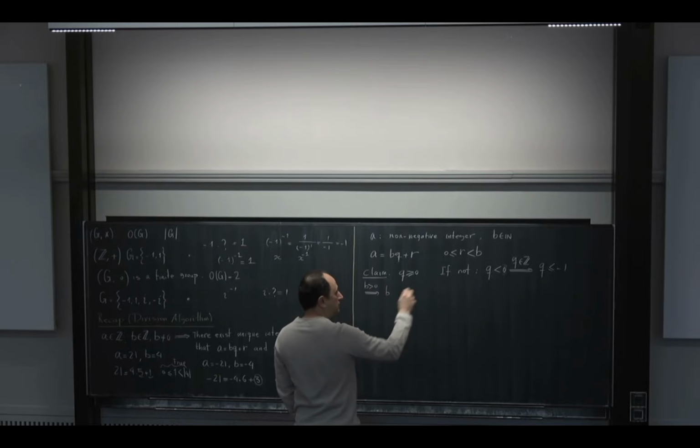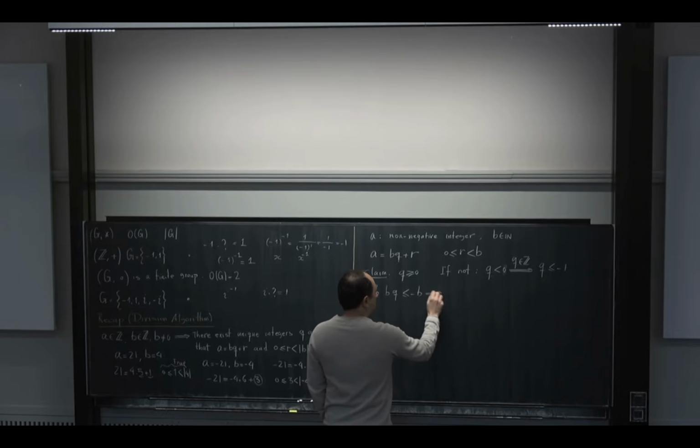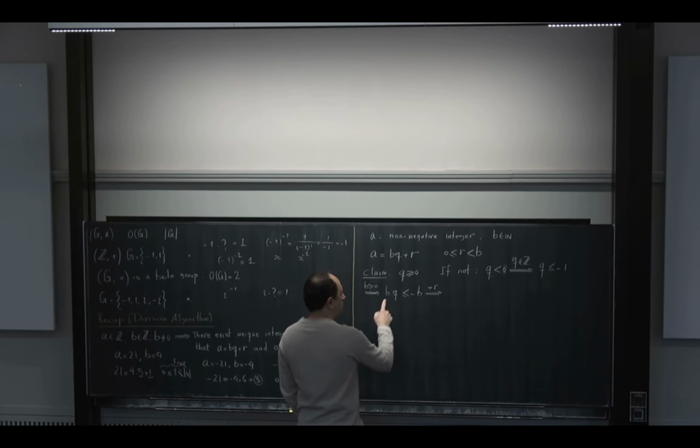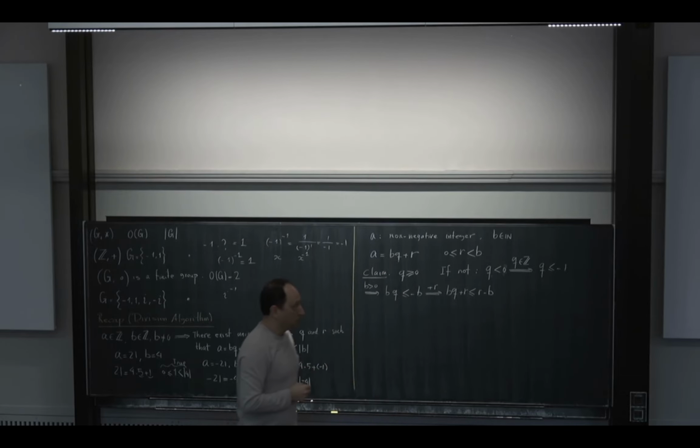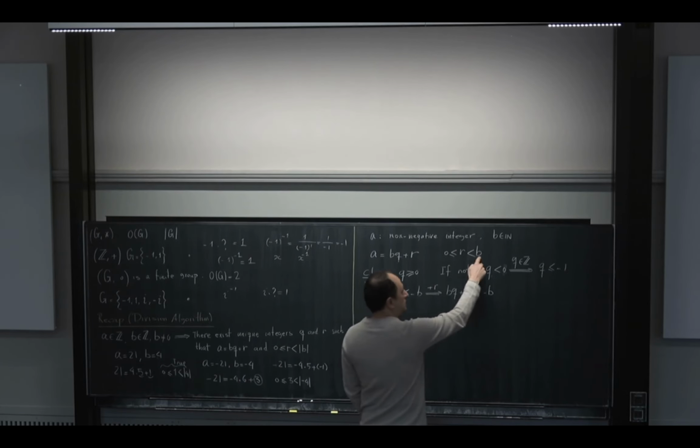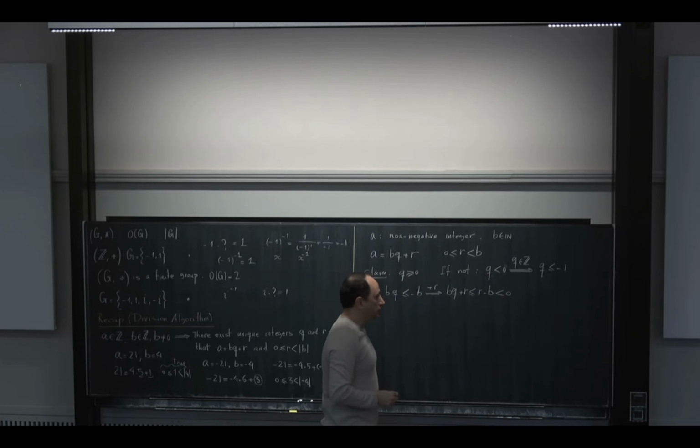I just multiply by B. And then I add R to it. So this becomes BQ plus R is less than or equal to R minus B. But R minus B is negative. And this is my contradiction. Why?